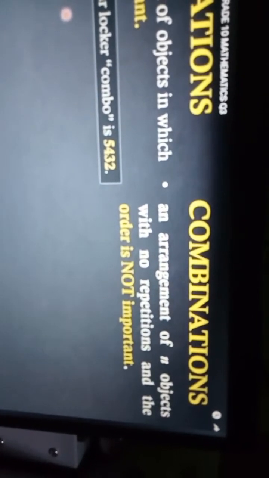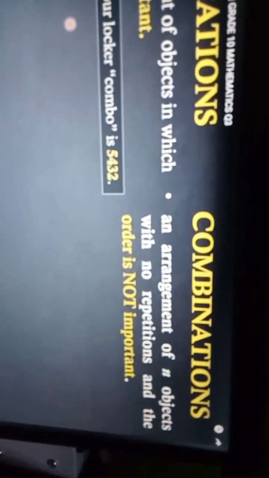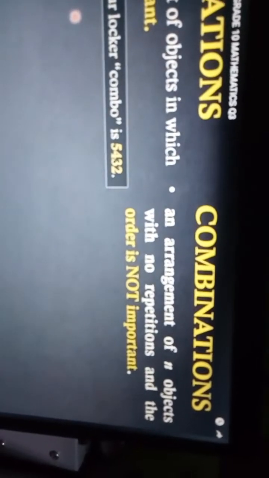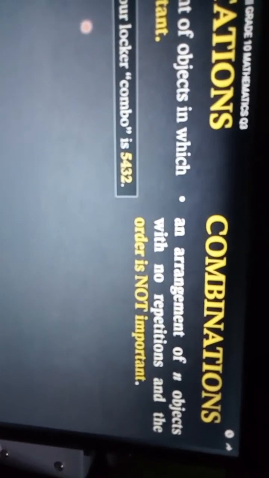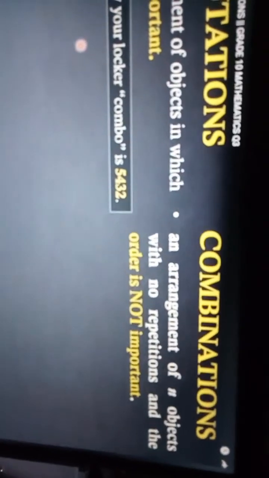Again, the formula for combinations, listen carefully: n factorial all over the quantity of n minus r factorial times r factorial. Those are the things included in the study of combinations. Take note of that because those things are very important.